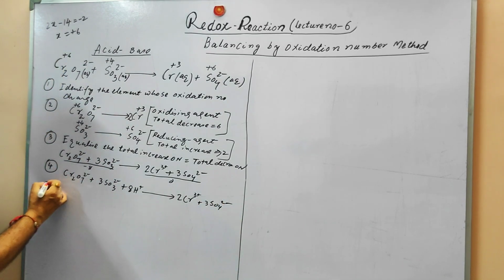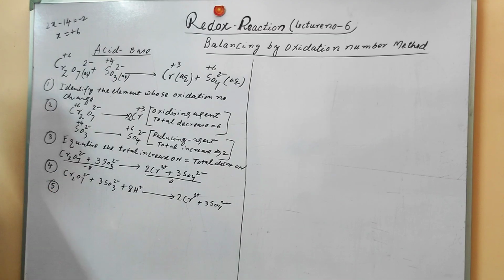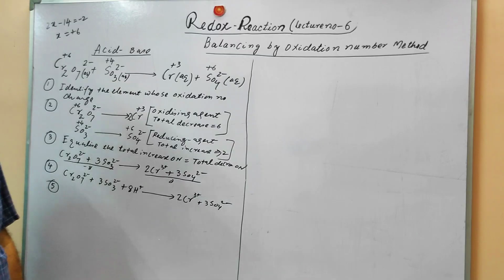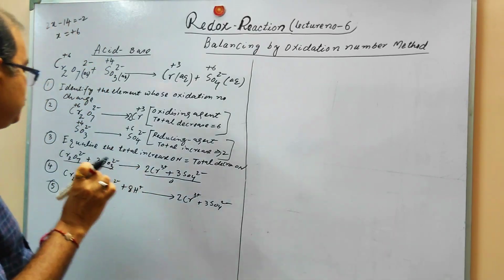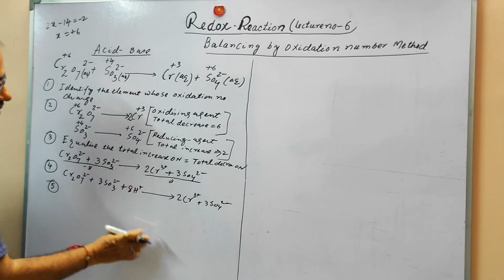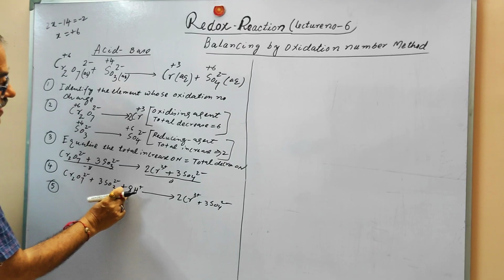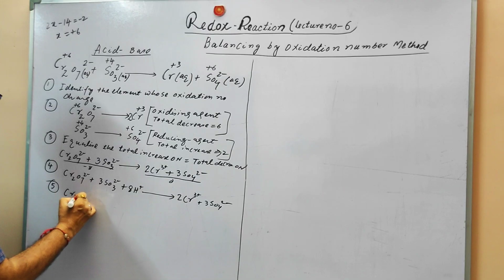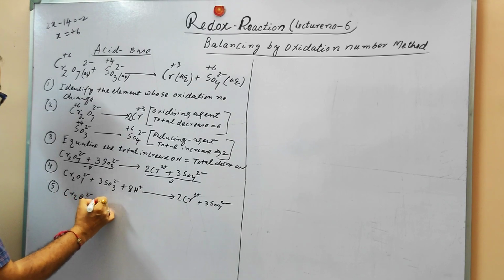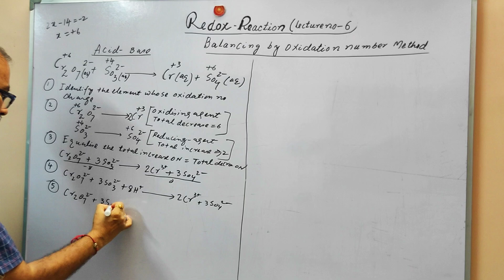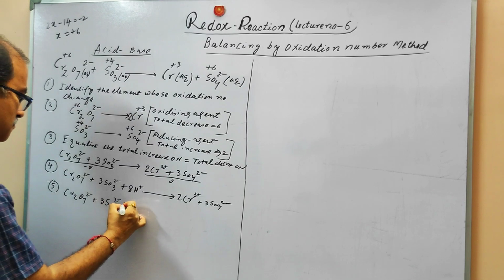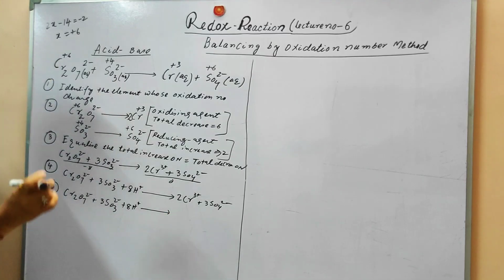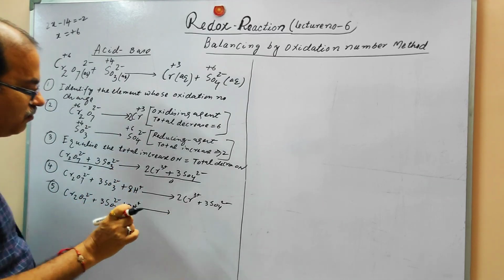Okay. Then fifth, we have to balance this hydrogen by putting the required amount of H2O. Here we have added 8 H plus ions, so in this step we have to add water molecules.